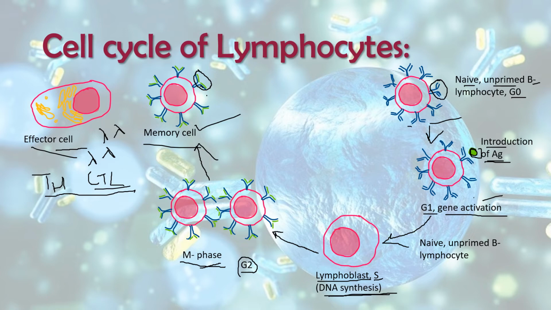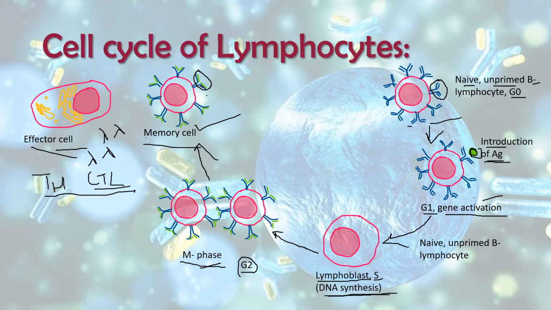It is also quite similar that the lymphocyte in the memory cell and the one in the naive or unprimed G0 phase are quite similar in structure or morphology, but they are different. They are different in their surface markers.